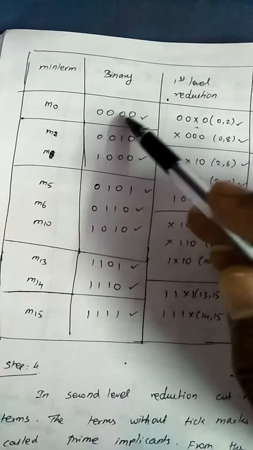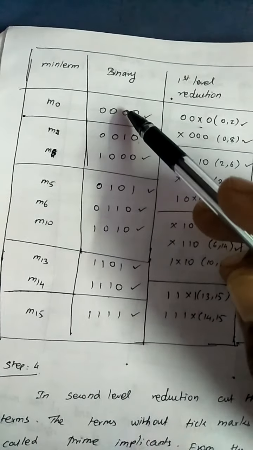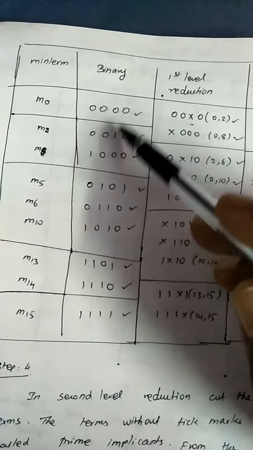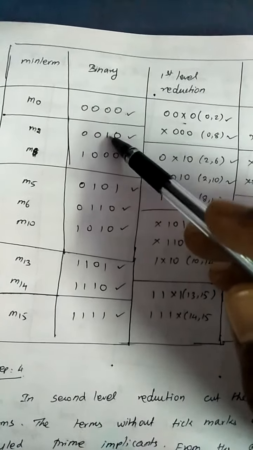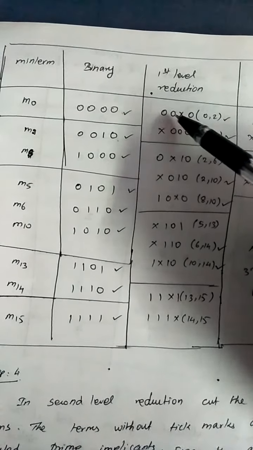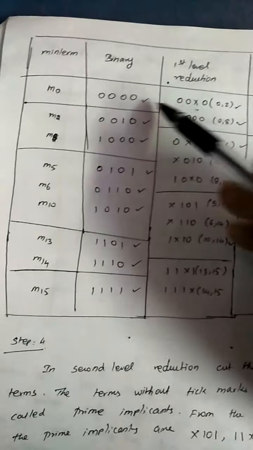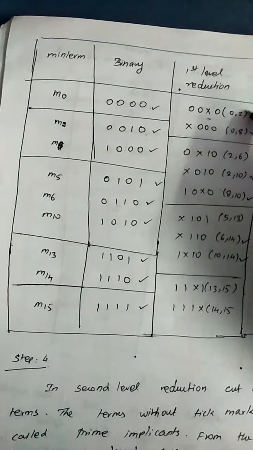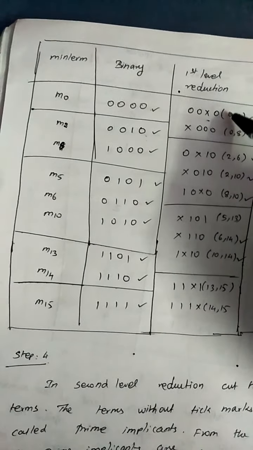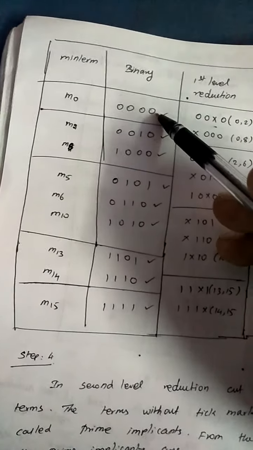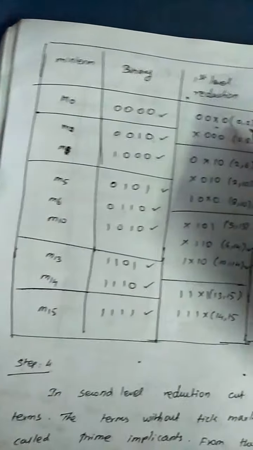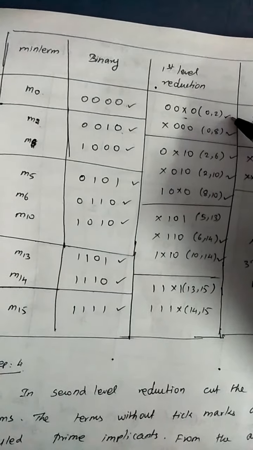While comparing 0000 and 0010, the bit changes only in the third position, so we put an x in that third bit position: 00x0. We also write the min-terms compared, here m0 and m2, so we write 0, 2.